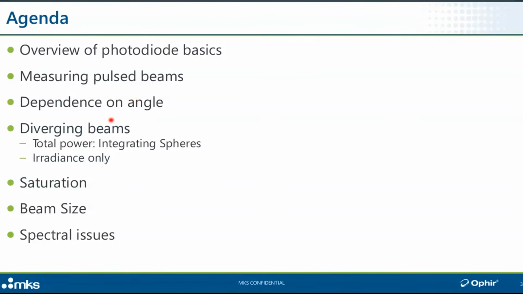And I hope that by the end of our discussion, if not sooner, you'll have some appreciation, you probably do already, of our uneasiness when we get the question, which we get all the time: I only need to measure a couple tens of milliwatts or something like that. I realize I'm going to use a photodiode. Why do I need to buy a calibrated laser power meter?